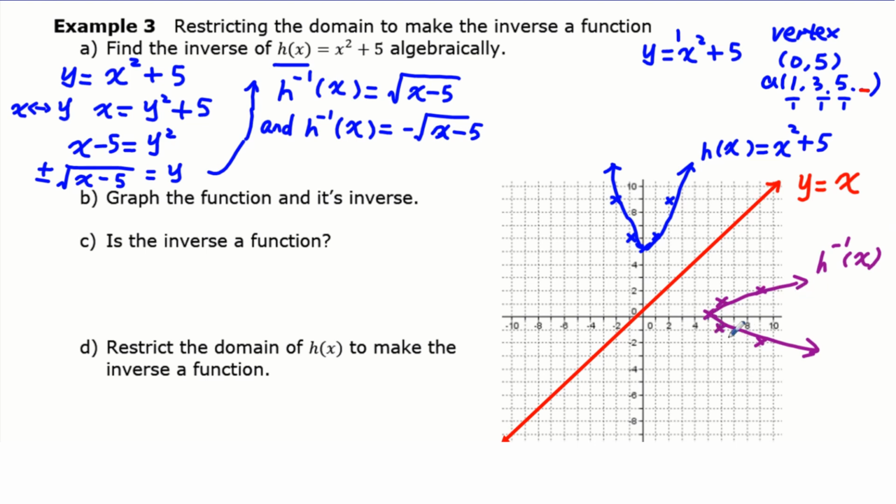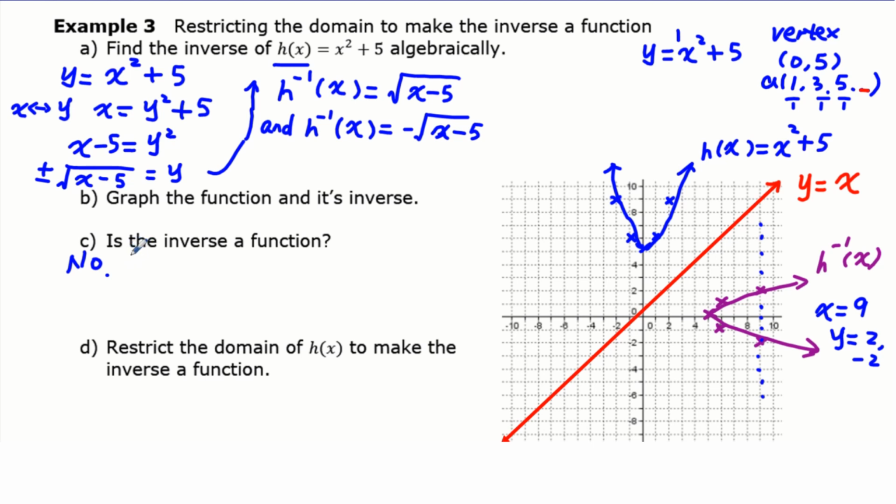One is positive, one is negative. So is it the inverse function? If we draw a vertical line, you will find there are 2 points of intersection. Then no, it's not a function. A function must have 1 x corresponding to 1 y. If we draw a line here, you will find that at x equals 9, you have 2 y's: y equals positive 2 and also negative 2. So for 1 x, you have 2 y's. This is not a function.